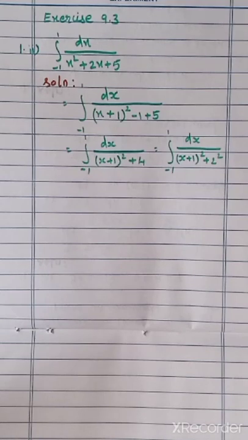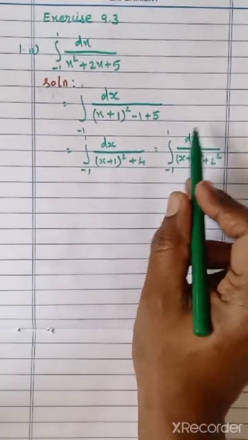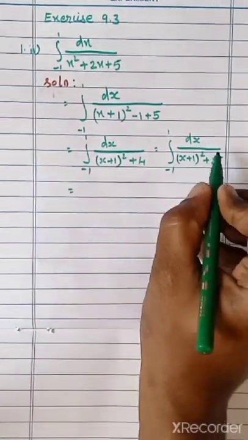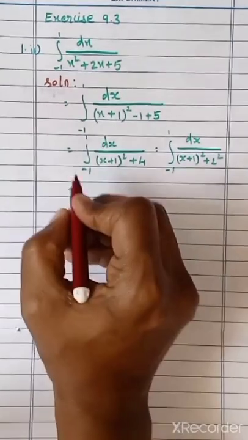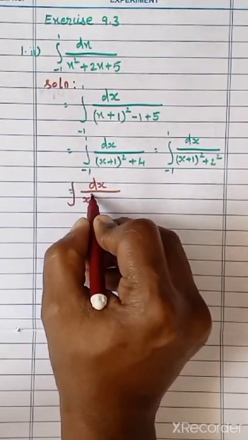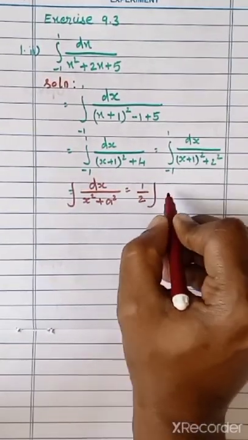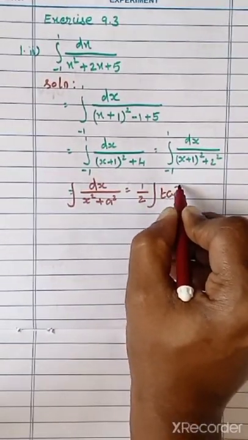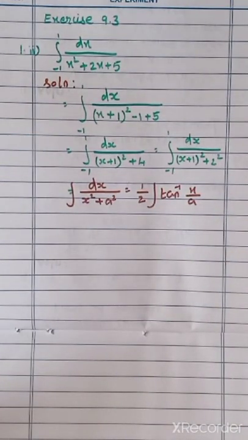Okay, now since we know the answer, we can evaluate this one. For your reference I'll write the formula: integral dx by x square plus a square is 1 by a tan inverse of x by a. This is the formula. Now evaluate.